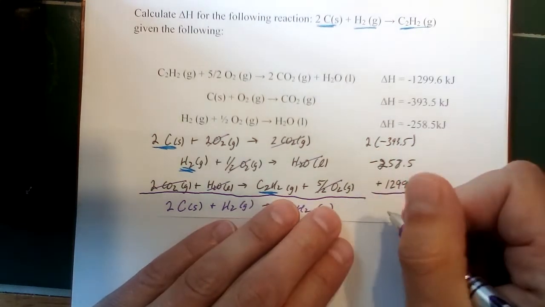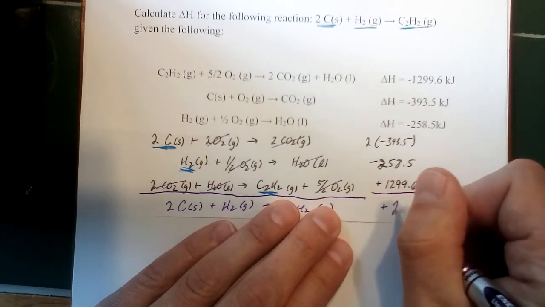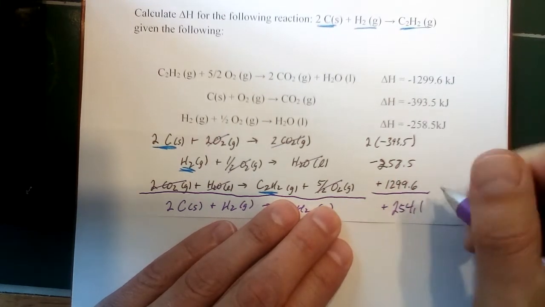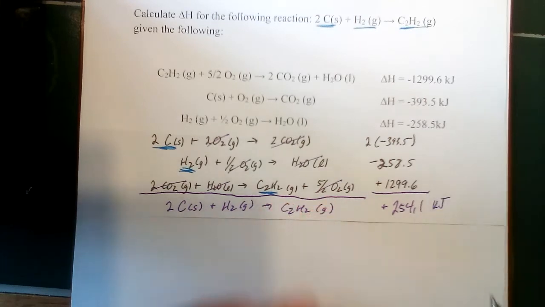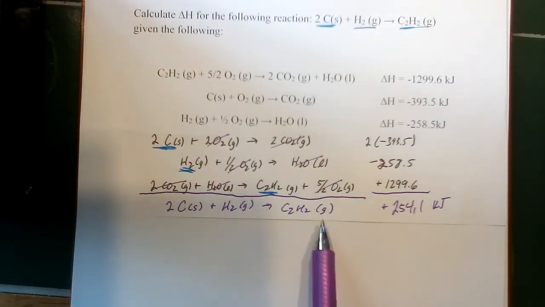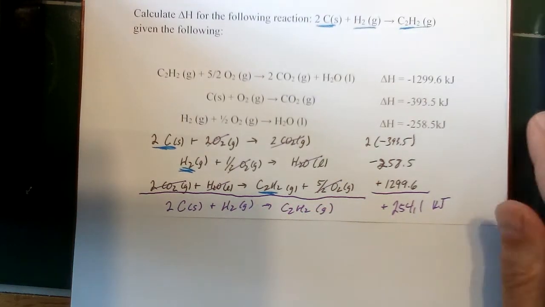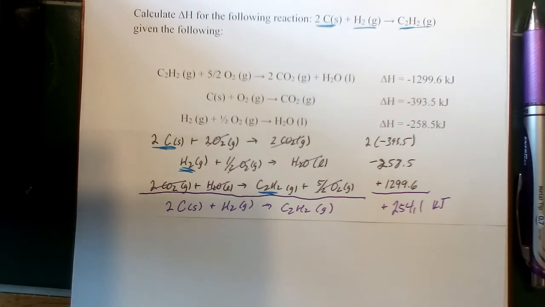Okay, so that leaves me with a positive 254.1 kilojoules. So the enthalpy change for the target reaction here would be plus 254.1 kilojoules. So it would be an endothermic reaction. We would have to add heat.